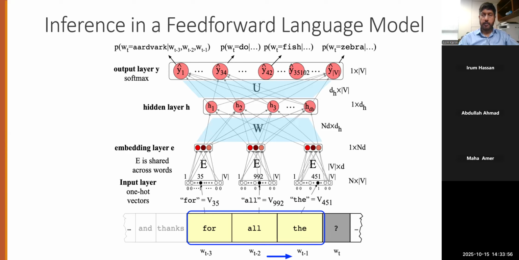So in this case, this is a pictorial view of the feed-forward neural network in which the context is 3. So you can think of this as a 4-gram language model if you want to relate it to the n-gram language modeling that we studied earlier. So 3 as the context and we want to predict the next word. So the inputs will be for 3 words.